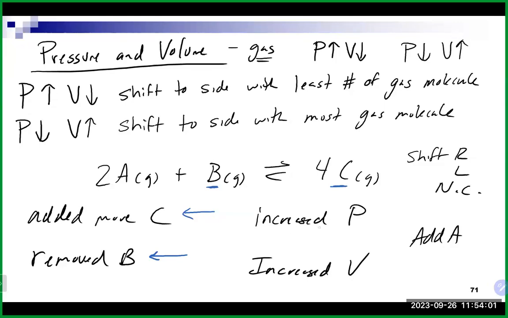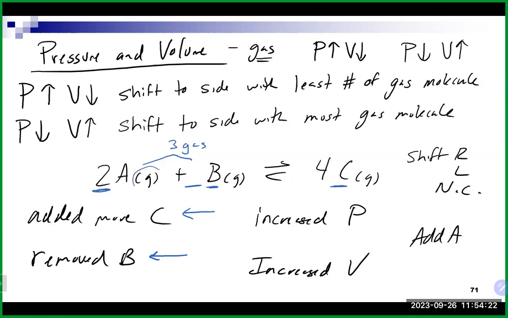If we increase the pressure, that means that we should see a decrease in the volume. And in a smaller volume, we would need fewer gas molecules. So on the reactant side, there are 2 gas molecules plus 1, which is 3 gas molecules, just adding the coefficients.